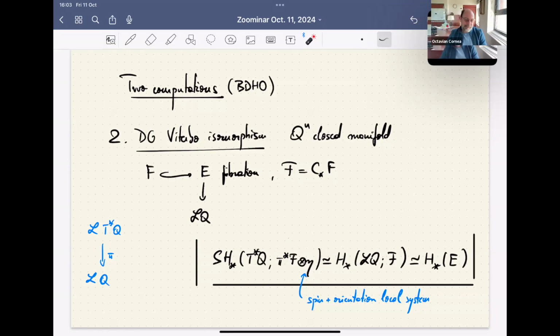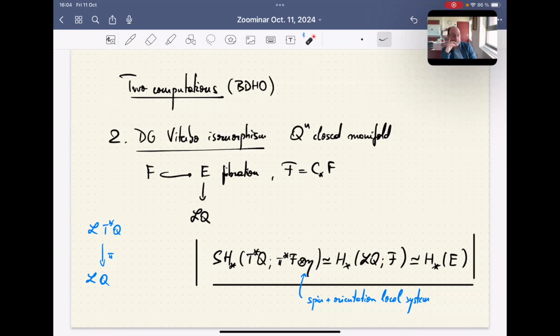So let me go to the second computation. And this is the differential graded Viterbo isomorphism. Now, I look at a closed manifold. I look at the fibration over the free loop space. And symplectic homology of the cotangent bundle with coefficients in the corresponding local system is the same as the homology of the free loop space with coefficients in that local system.